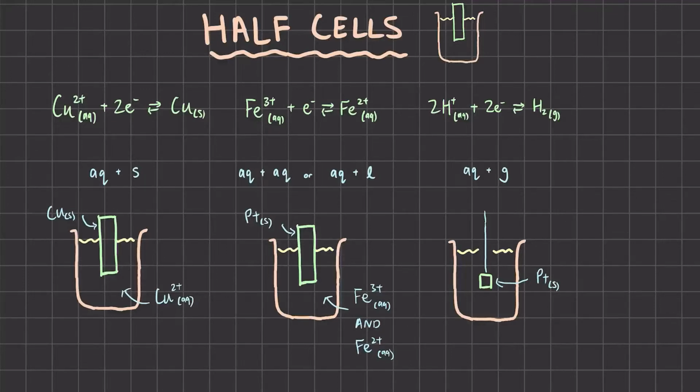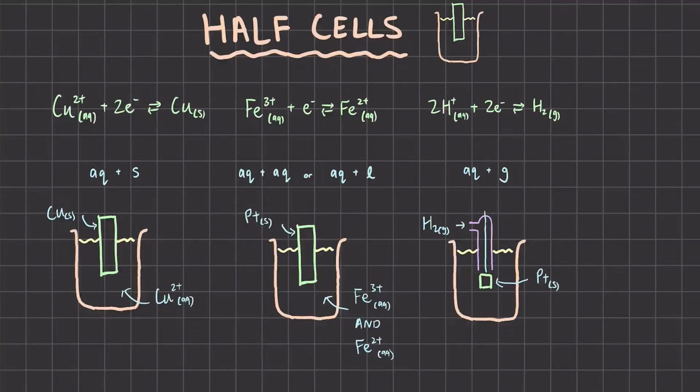So if you want to merge two of these half cells into a full cell, that's how you would connect them. And then the unique thing about a half cell that has gas is you're going to use a test tube-like structure, and you're going to put that over the electrode. And this allows the gas, so the hydrogen gas in this case, to travel in or out of the solution depending on the reaction.